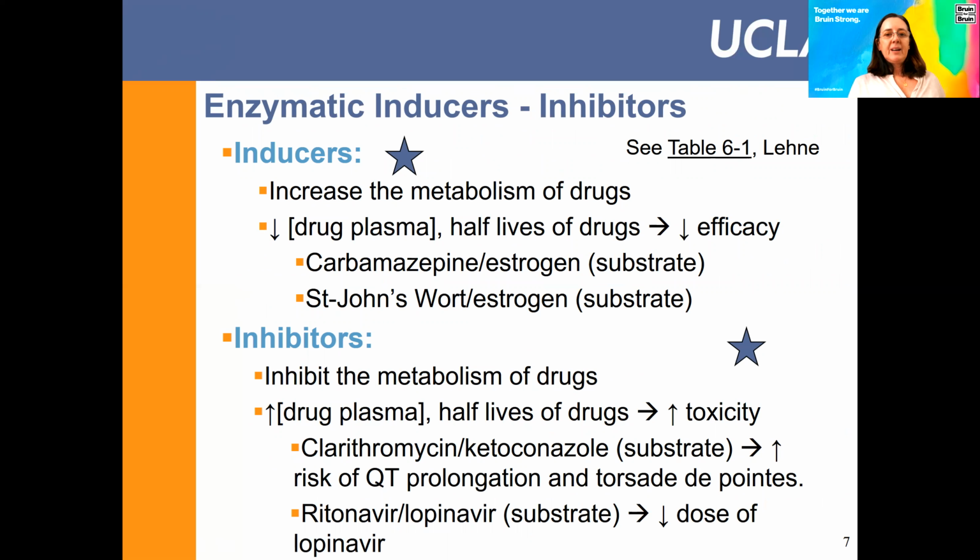Now, the concept that I'm talking about that is very important and that sometimes is hard to grasp is the concept of inducer and inhibitor of the CYP enzyme. So when you say inducer, that means it increases the metabolism of the drug, because let's say drug A is going to bind to the CYP enzyme, and I always like to refer to a Pac-Man.